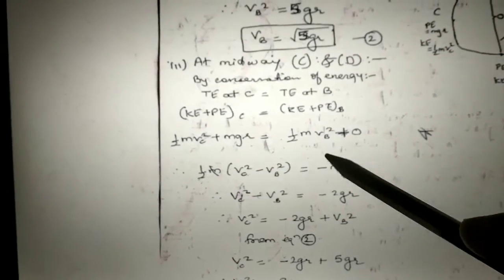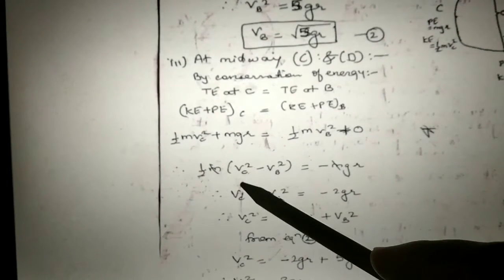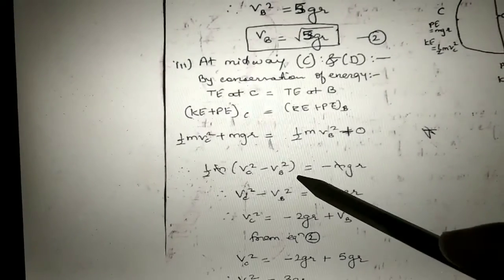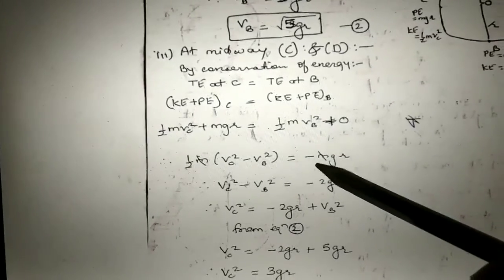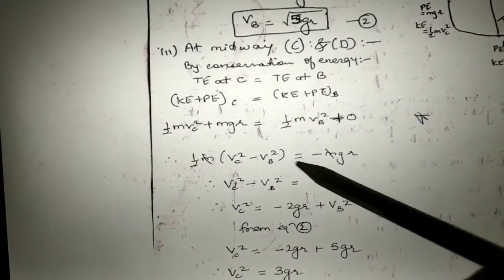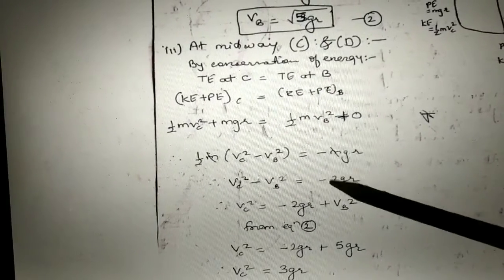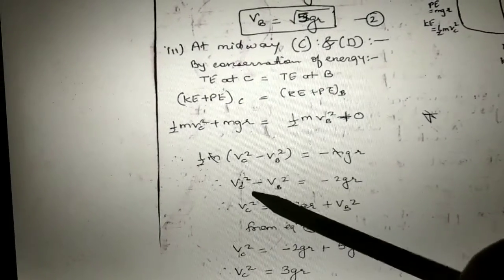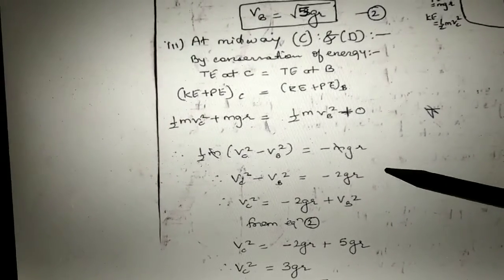Now again take the kinetic energy term over there, so half and m will come common. What will remain is vc square minus vb square, equal to, taking this mg over here, minus mgr. Now m and m get cancelled and this 2 will come over here. So vc square minus vb square equals minus 2gr.